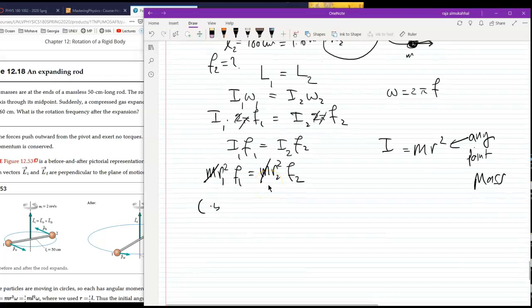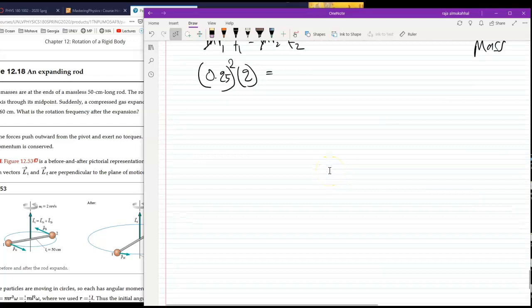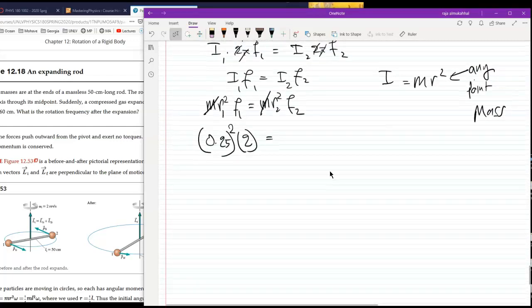So that's going to be 0.25 squared times f1, he said 2, equals, again, R2 is 0.8 right there, so 0.8 squared times f2.